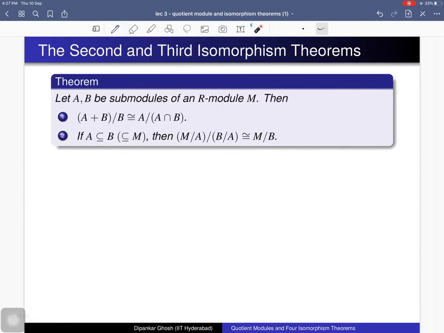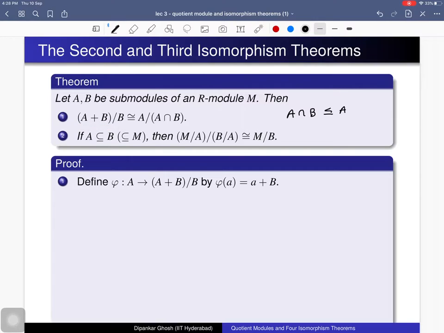And next we state our second and third isomorphism theorems. So the second isomorphism theorem is about the sum of submodules.